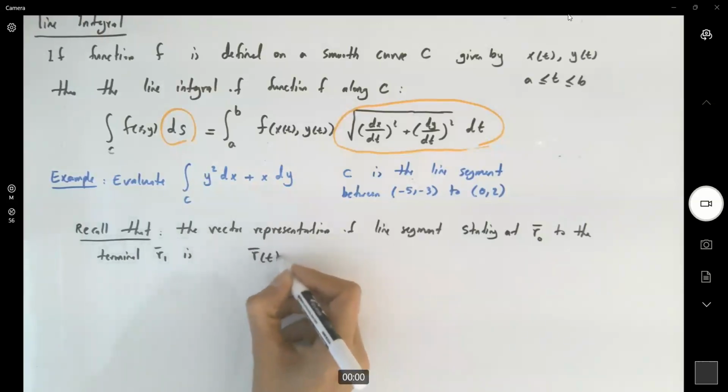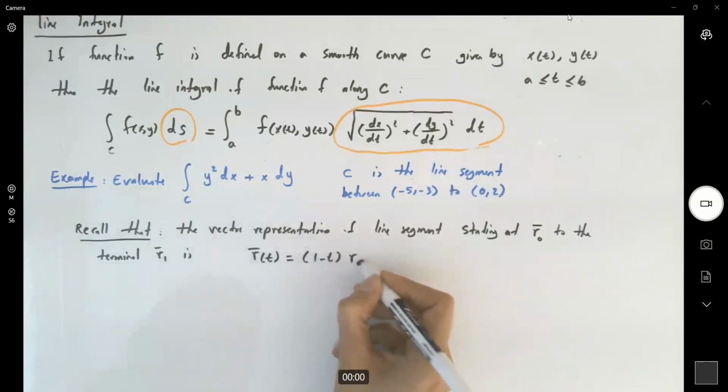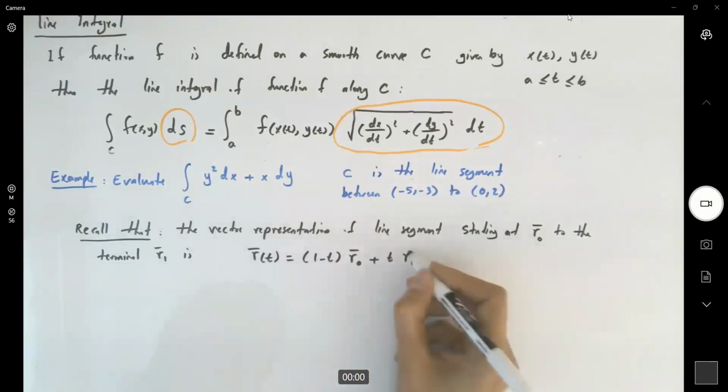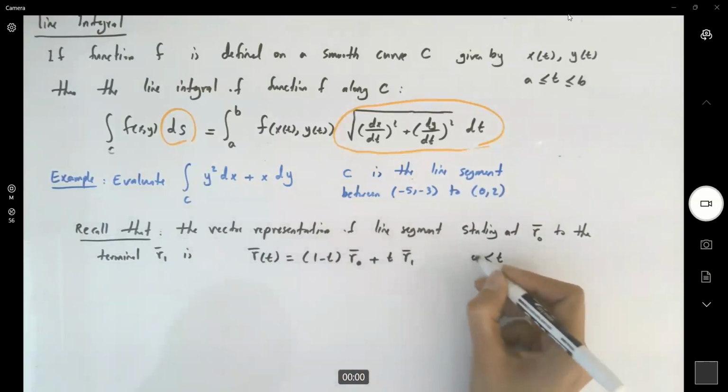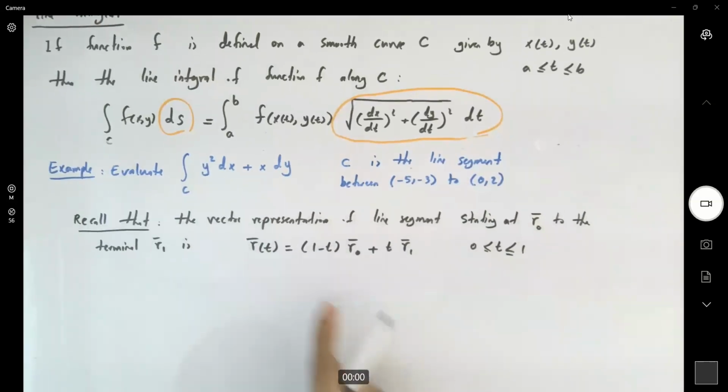The vector is defined as (1 minus t) r sub 0 plus t r sub 1, and t is bounded between 0 and 1. And from elementary calculus, we learned about the vector representation of a line segment this way.